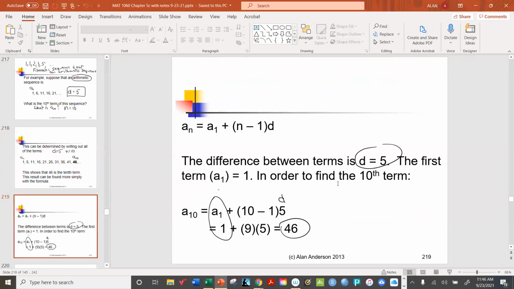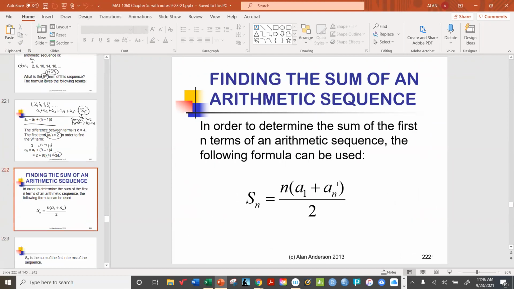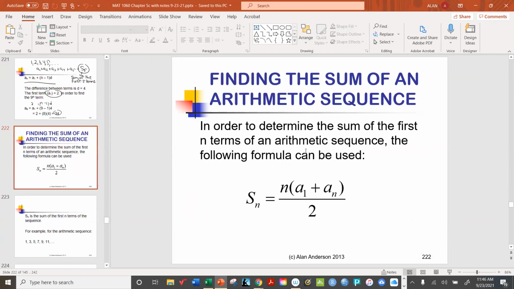Now, we did several examples here, but we also sometimes want to know the sum of the first n terms. And so rather than having to do it ourselves, there's a formula that will do this for us.